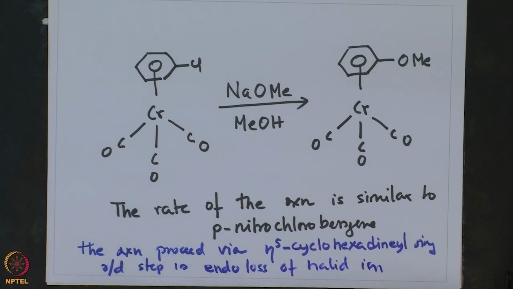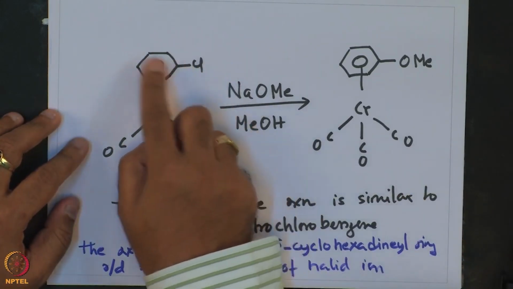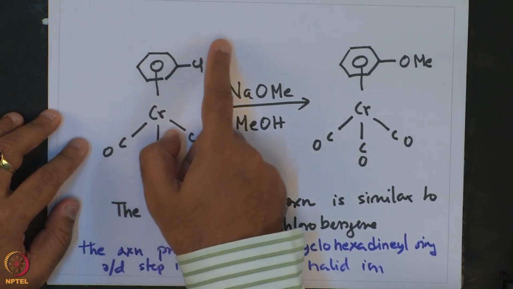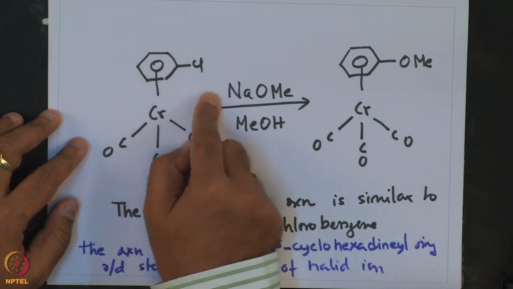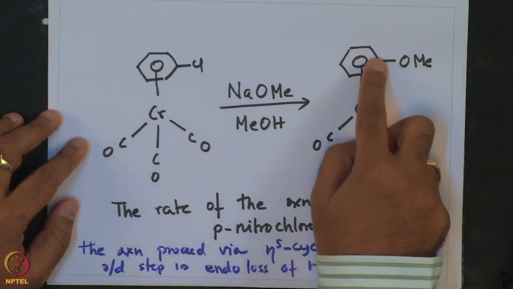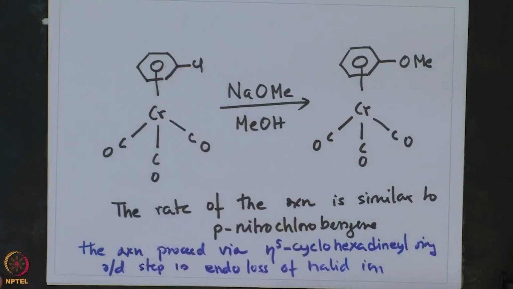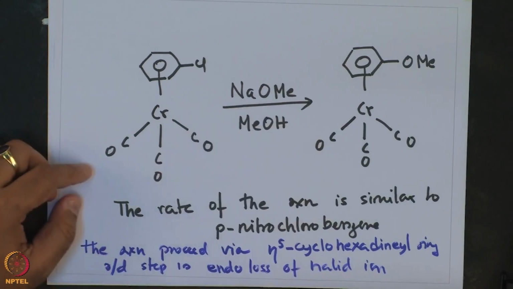So, when the nucleophile adds over here, the aromaticity is lost and it becomes a hexadiene with OMe on the top and the chlorine on the bottom face, and the loss of the chlorine, resulting in the gaining of the aromaticity and methoxy, occurs via chlorine being lost from the bottom face or the endo face, which is the slowest step of the reaction, and hence is the rate determining step of this reaction.